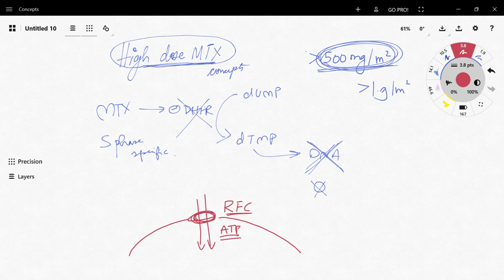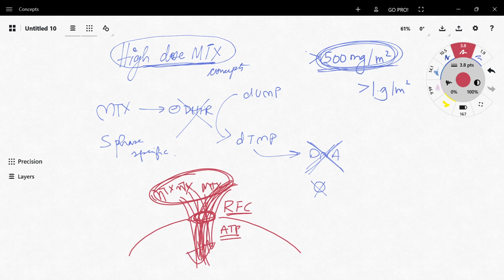Now what happens when you increase methotrexate a lot in your system, like you're giving high dose methotrexate, it sort of creates a gradient so that you won't need ATP, it becomes more of a diffusion from high to low area along the gradient, right?